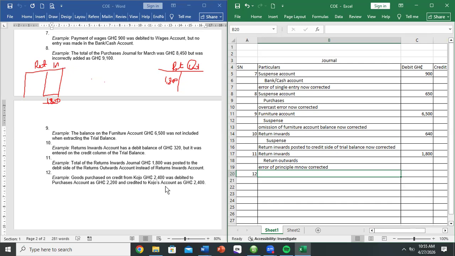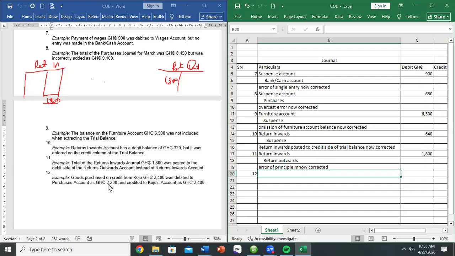So if we do the analysis, the error is happening in one of the accounts, which is purchases account, right? Okay. So they posted 2,400 correctly to Kojo and they did the credits all right. Because when you purchase on credit from Kojo, you credit Kojo and you debit purchase. So as for the debit and credit, it was correct. The amount in Kojo's account was correct.